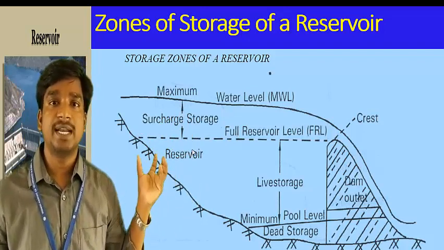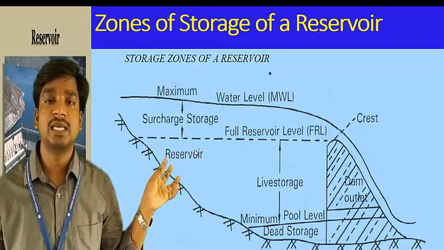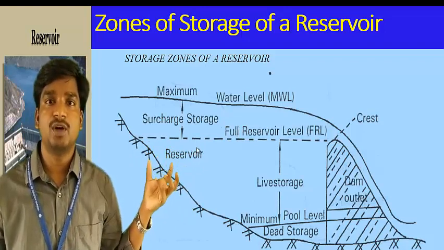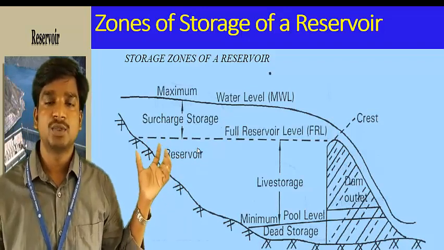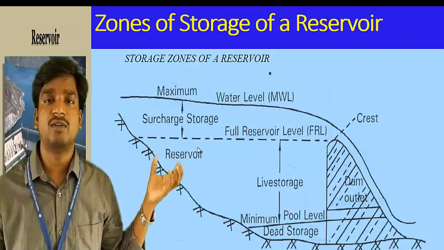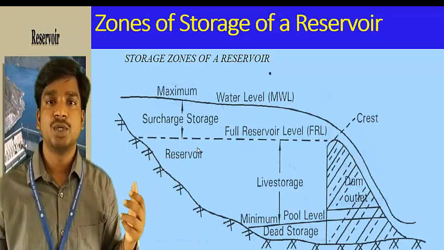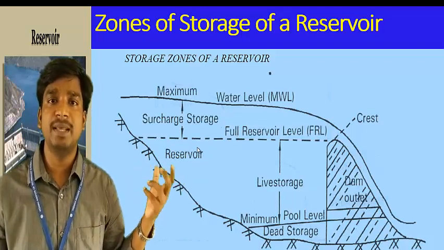This dead storage is provided for the purpose of silt formation. Because whenever there is a heavy carrier of silt into the reservoir, the volume of the reservoir is going to be reduced, and the storage capacity of the reservoir will be reduced.